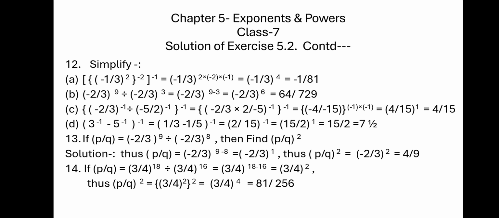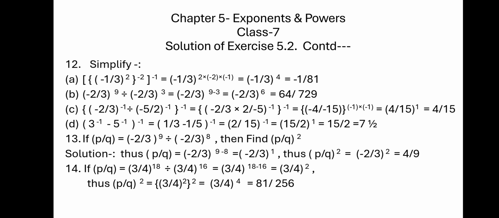So that gives you, when you subtract those fractions, we have 15 as the LCM and 5 minus 3, and that will give you 2 upon 15 raised to the power of negative 1, and we can just take the reciprocal, 15 upon 2 raised to the power of 1, and that is equal to 15 upon 2, and that simplification in the mixed fraction we have written as 7.5.